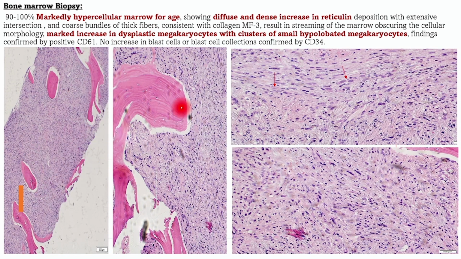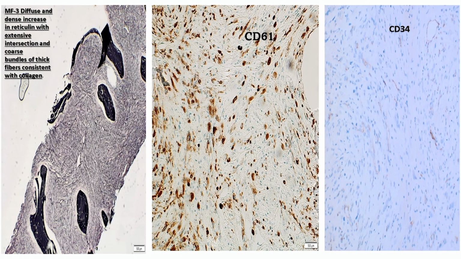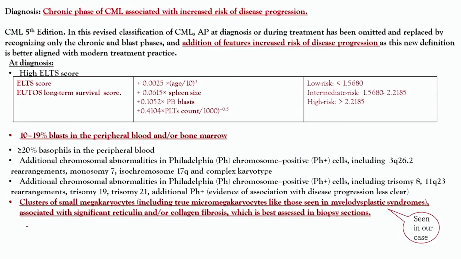There is a diffuse and dense increase in reticulin deposition, almost streaming of the marrow and obscuring the cellular morphology. As you can see here, there are clusters of small megakaryocytes, characteristic of CML. Upon doing the reticulin, it is MF3, the CD61 confirmed the small nature of the megakaryocytes, and the CD34 didn't show an increase in blast cells even with the presence of this fibrosis.